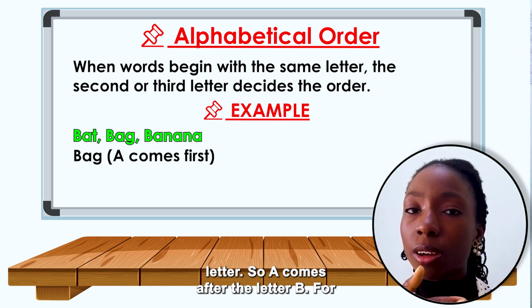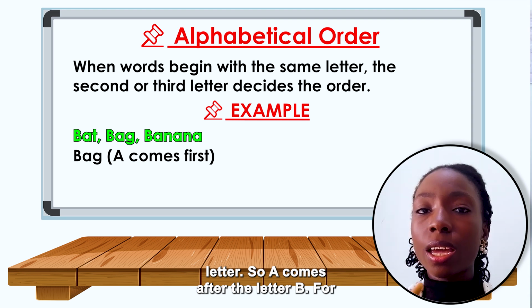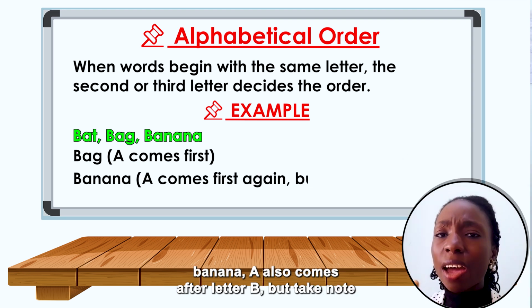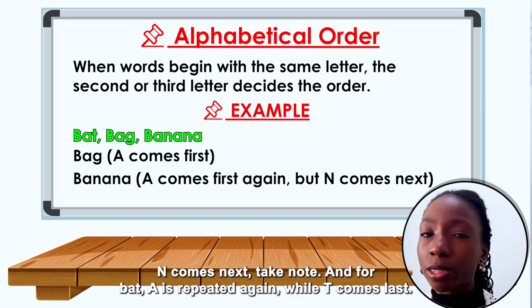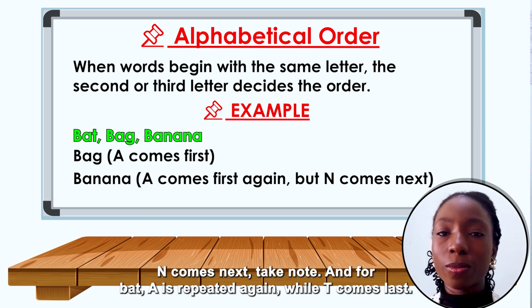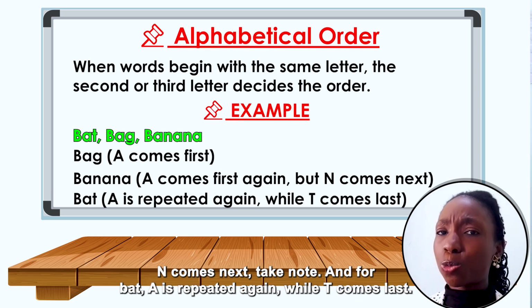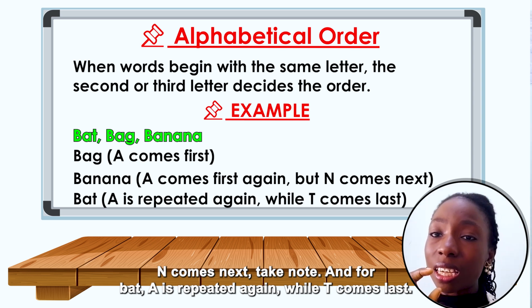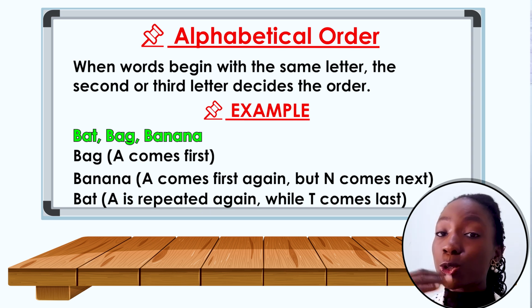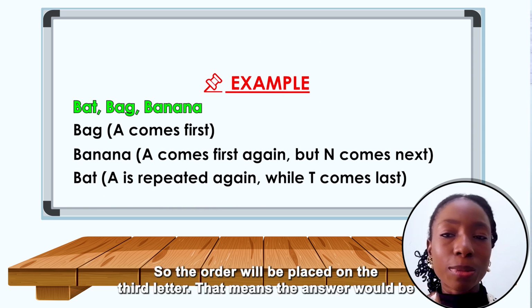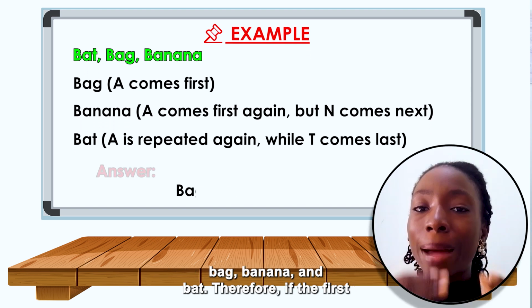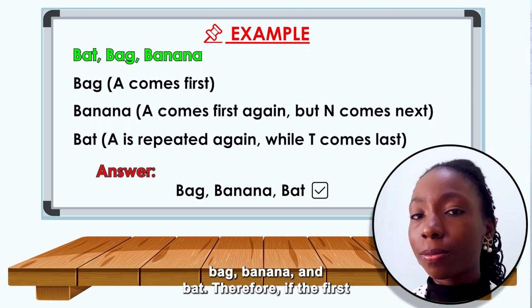So A comes after the letter B. For banana, A also comes after letter B, but take note, N comes next. And for bat, A is repeated again, while T comes last. So the order will be placed on the third letter. That means the answer will be bag, banana, and bat.